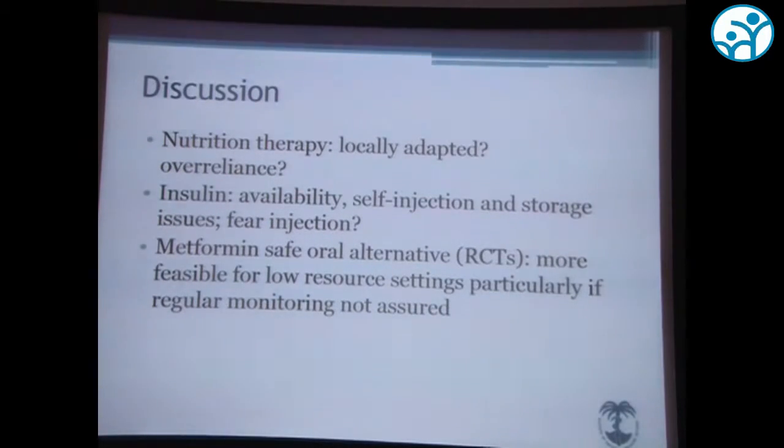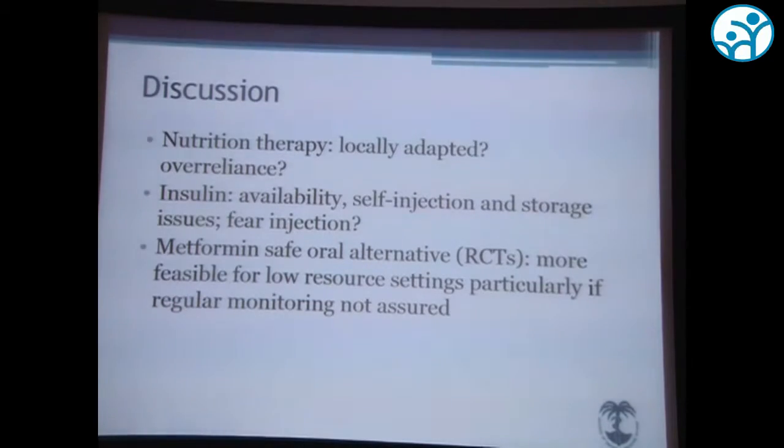I just want to highlight some discussion points that might come up looking at the results. And first of all, this one point is the nutrition therapy, because when we look at the results of this study that say, okay, we have 90% of diet, but 40% of our patients are not well controlled.